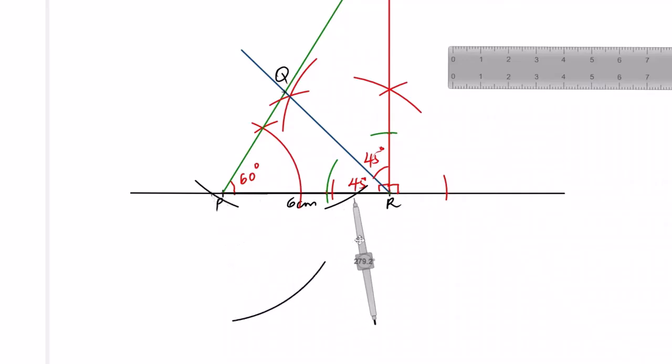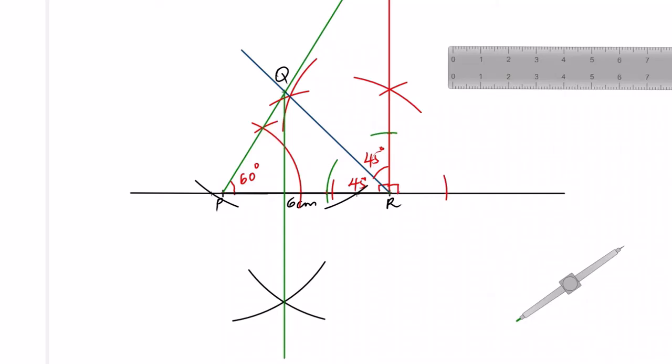Then with the same radius without changing it, stand on the other arc and cut that arc like that. So after making the arcs from Q, join Q to the point of intersection of those arcs using a straight line like that. Now this line meets PR at 90 degrees.